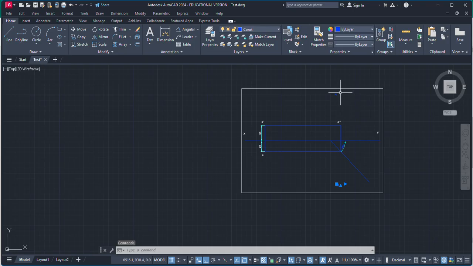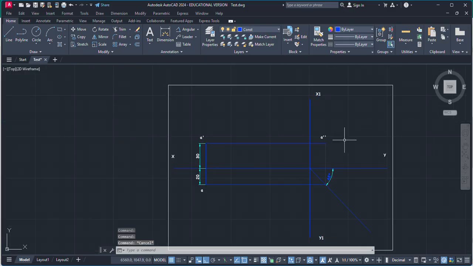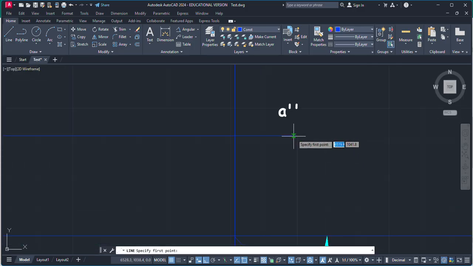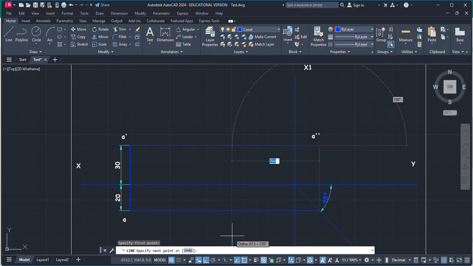So what I'm going to do is draw the side view which is given, 60 mm long and at 60 degree. Just drag it a bit, shift at the rate, length should be 60, tab, angle should be 60 between x1 y1 and this a dash b dash.